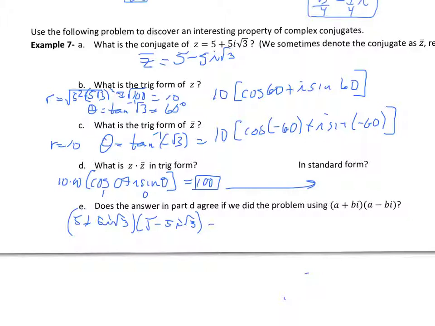So 5 times 5 is 25. Now what happens to your outers and inners when you multiply conjugates together? They go away, right? So now I'm going to get minus 5i times 5i is 25i squared, and root 3 times root 3 is 3. What's i squared? Negative 1. 25 times 3 plus 25. Well, they do work.